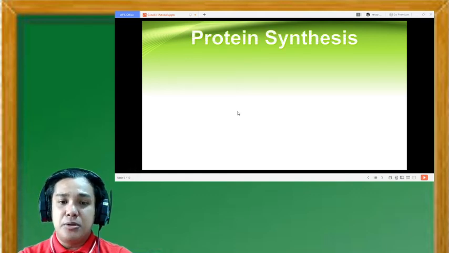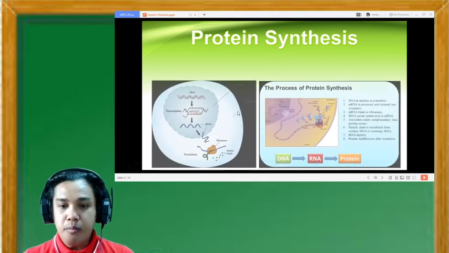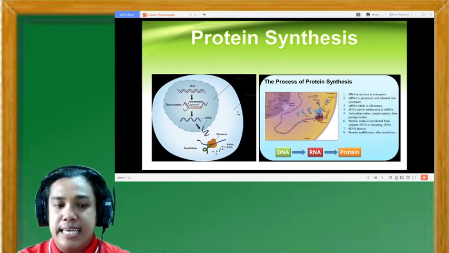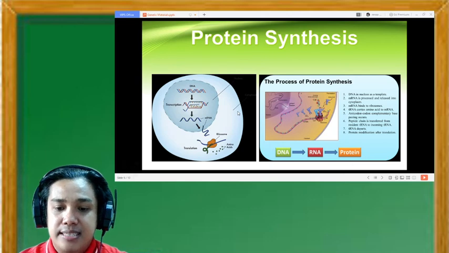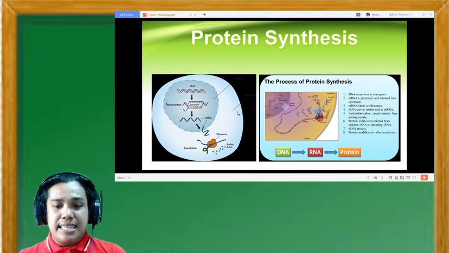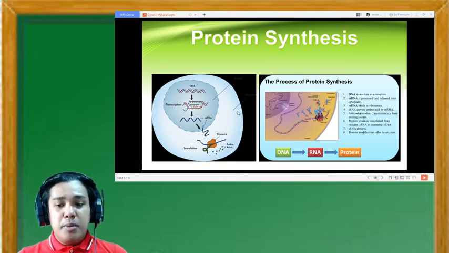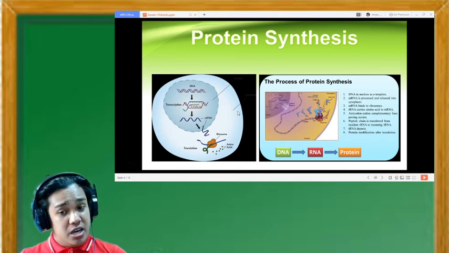Let us proceed to the protein synthesis. So, in protein synthesis, as you can see there, proteins found inside the cell are responsible for controlling activities of the cell. In what way do DNA and RNA work together to make a unique protein that will perform a specific function?